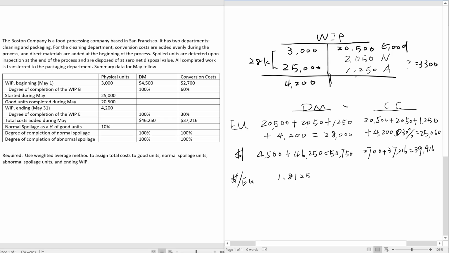Conversion costs per equivalent unit is 39,916 divided by 25,060 equivalent units equal to 1.5928, rounded.